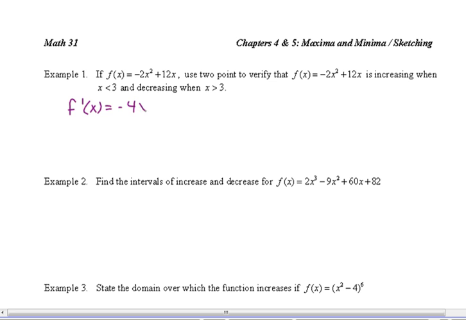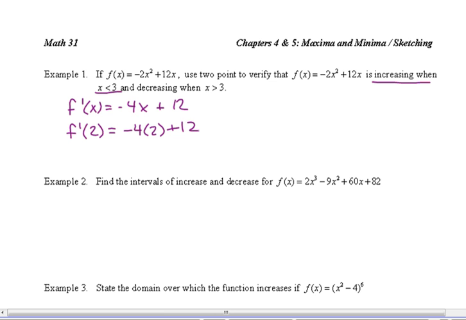negative 4x plus 12. So we want to verify that it's increasing when it's less than 3. So how can I verify that our derivative is increasing less than 3? How could I do that? Plug in a number less than 3. So 2. 2 is less than 3. So let's find the derivative at 2.